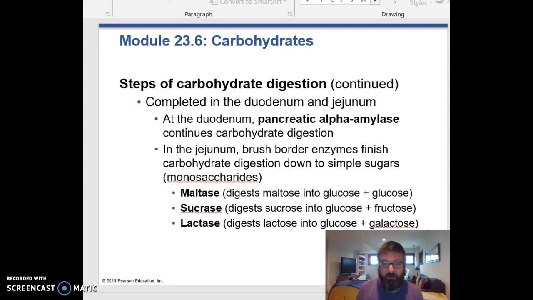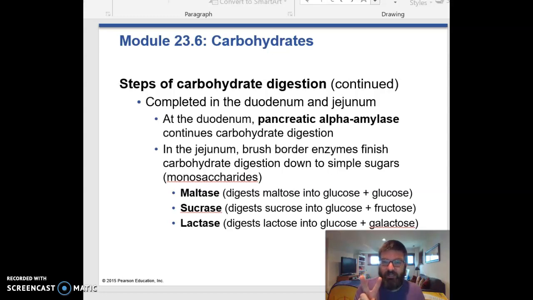called pancreatic alpha amylase. And that's in the pancreatic juice that gets dumped into your duodenum. And in the duodenum it gets mixed up, and then in the jejunum and then at the ileum to a lesser extent, you mix it up and you break those remaining polysaccharides into smaller and smaller and smaller polysaccharides until everything is about 2 monosaccharides long.